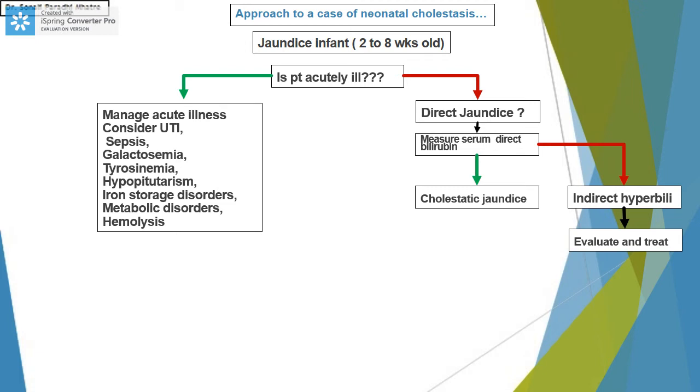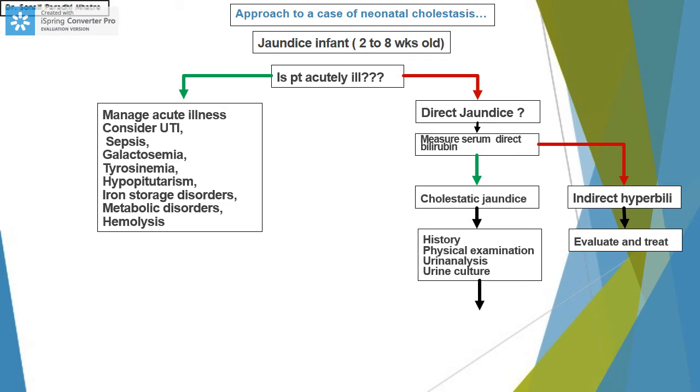Go back to our initial presentation, which was on indirect jaundice. There I have discussed the approach to the case of indirect jaundice as well. So you will go by that flowchart. Now we have a child with direct jaundice, which is cholestatic jaundice. Go back to the parents, go back to the child, take the history, the physical examination in detail, especially considering direct jaundice.